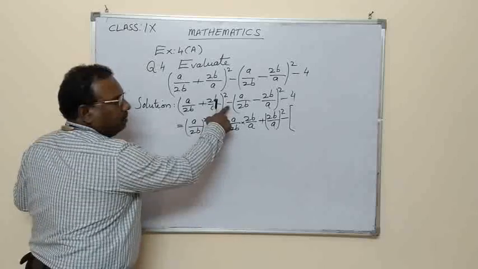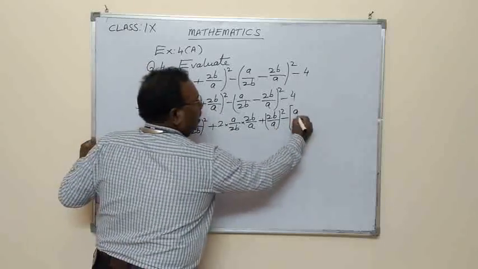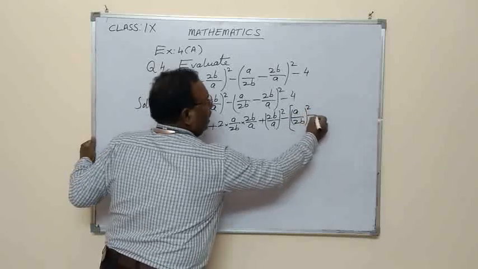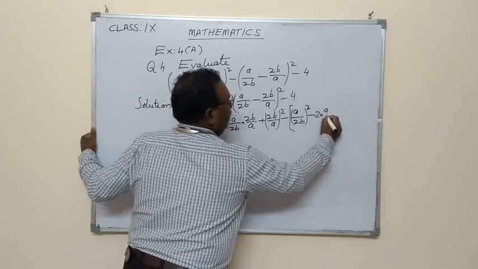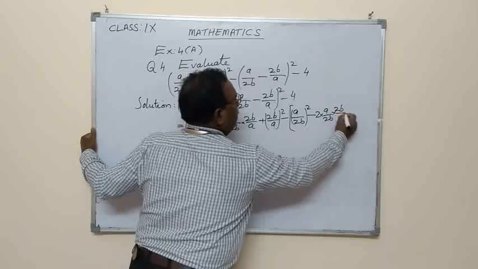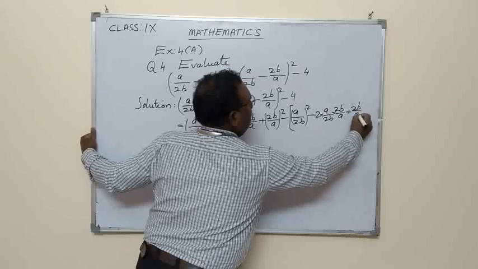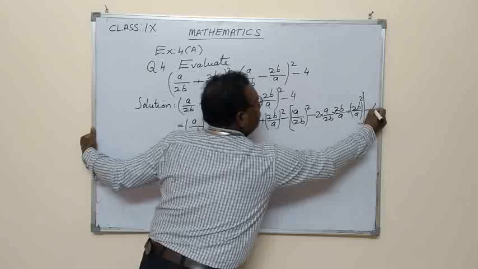You can see one negative sign here. So, (A divided by 2B) all square minus 2 into A divided by 2B into 2B divided by A plus (2B by A) all square, then close the bracket, minus 4.